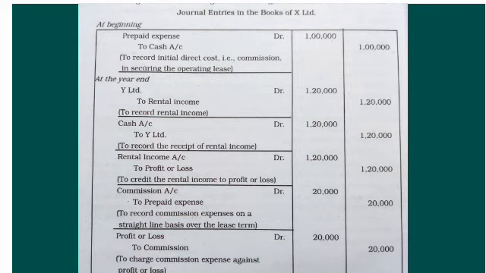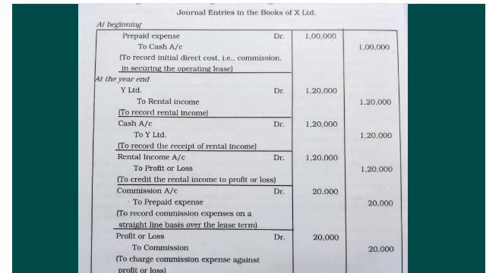Then the second one: cash account debit to Y Limited, when the rental amount is paid by Y Limited. Then the third entry is for transferring the profit into profit and loss account: rental income account debit to profit and loss account, so the profit is increased.